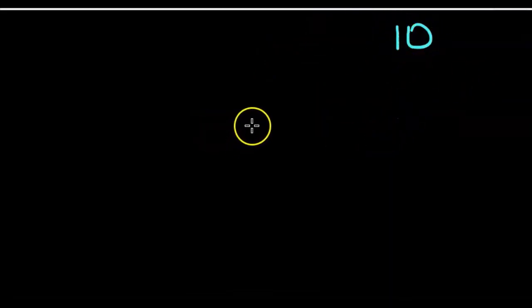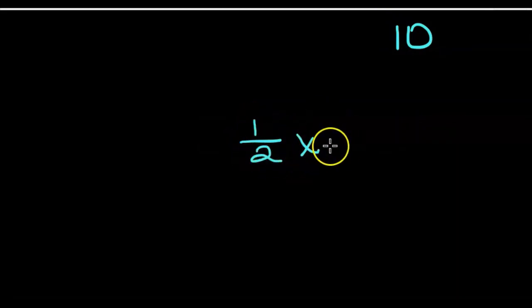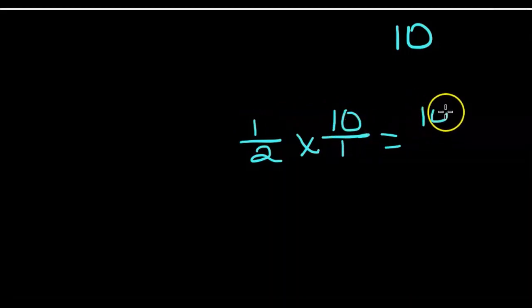Well, half of, remember that word of, half of 10 years. So I'm going to put 10 over 1. All right. 1 times 10 would give me 10. 2 times 1 would give me 2. Improper fraction. So here I need to divide.